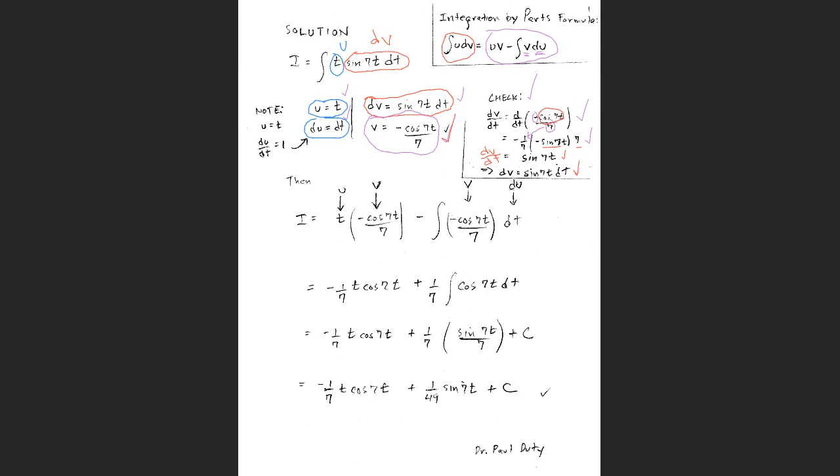So essentially, to go from the sine of 7t to the negative cosine of 7t over 7, what is negative cosine of 7t over 7 relative to the sine of 7t?